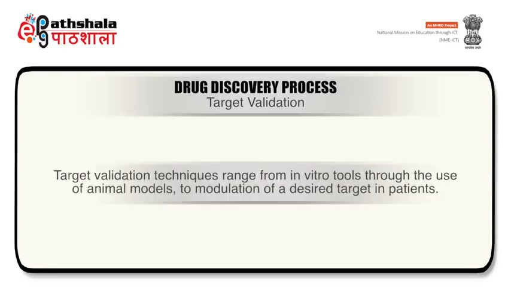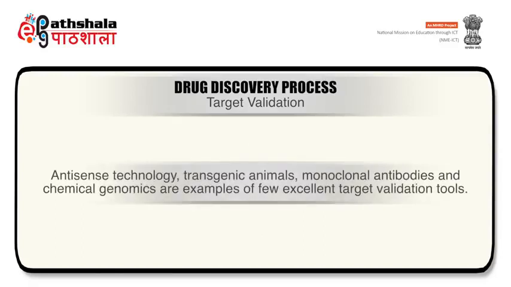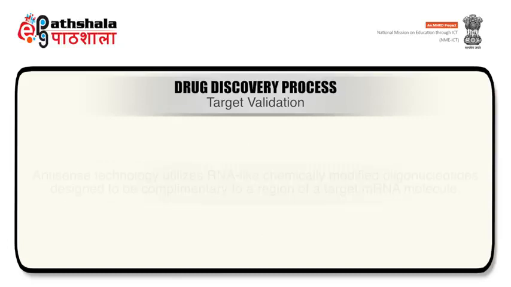Target validation techniques range from in vitro tools through the use of animal models to modulation of a desired target in patients. Antisense technology, transgenic animals, monoclonal antibodies, and chemical genomics are examples of a few excellent target validation tools.